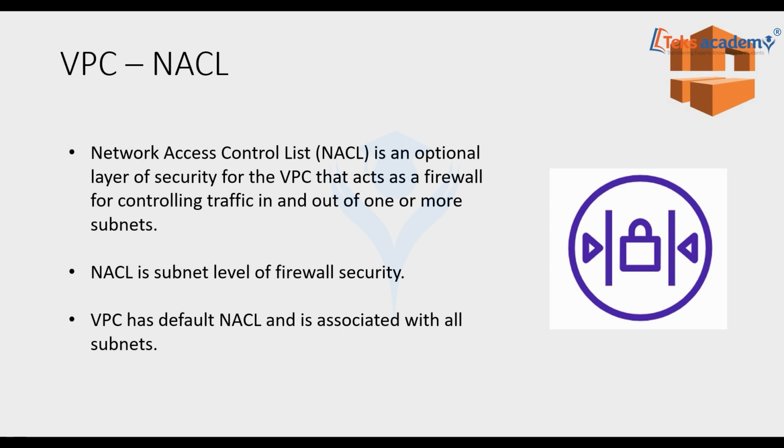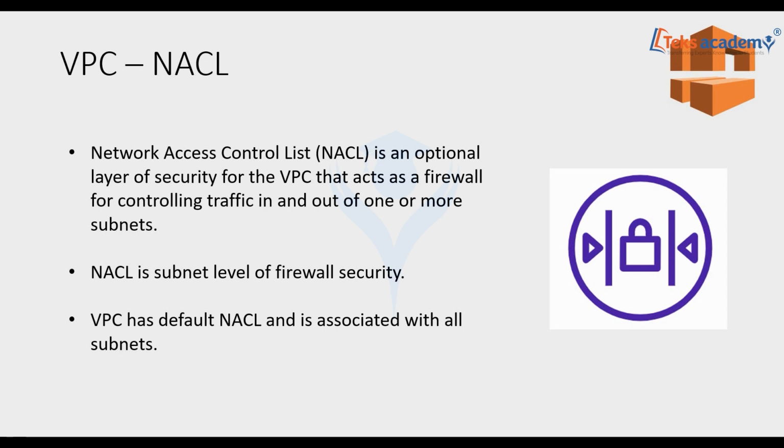NACLs are stateless. That means we need to explicitly give the rules for the incoming traffic and the outgoing traffic. Unlike security groups, which are stateful, where by default outgoing traffic is allowed for all types of traffic but incoming inbound traffic is denied, so we need to add rules for the incoming traffic.